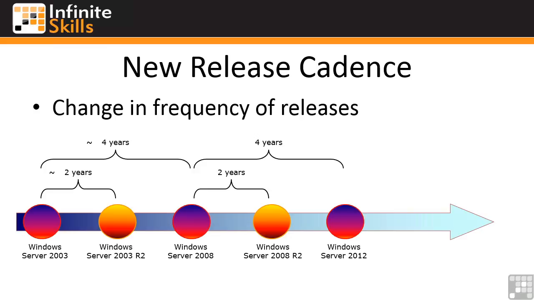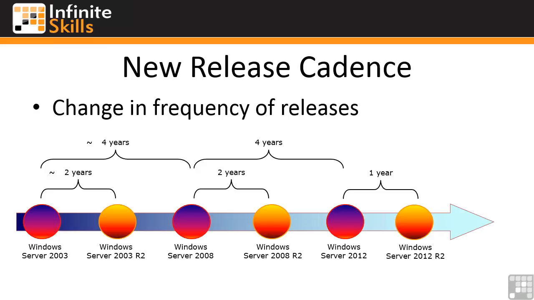This has actually changed with Windows Server 2012 R2. As we can see, it's only been 1 year since Windows Server 2012 was released before Windows Server 2012 R2. And this matches the new frequency and cloud focus of Microsoft. There's a lot of investment in Windows Azure and Microsoft's cloud offerings, and that investment is then brought back into the on-premise solutions.